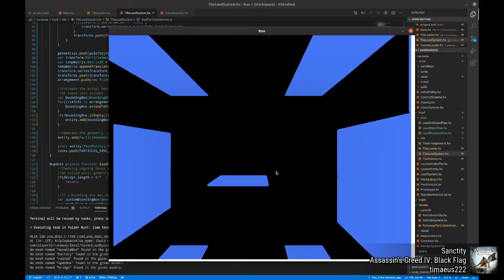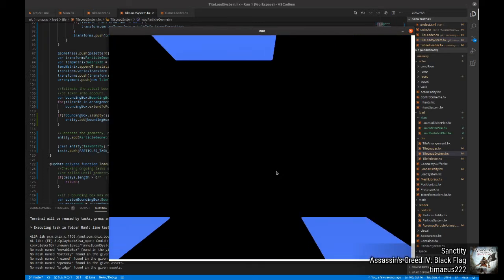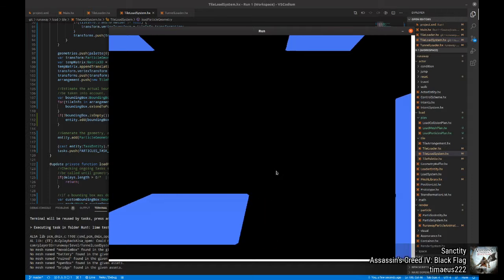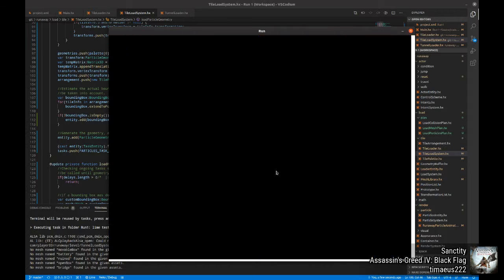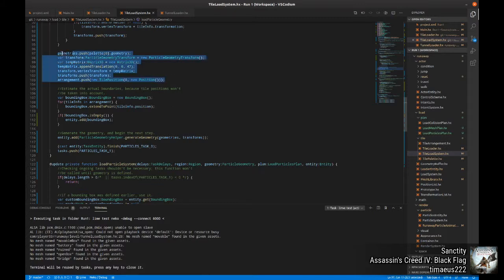But, well, A, we don't want to have to display this extra tile in the middle, and B, it's not quite getting everything. It shouldn't have disappeared there, so we're going to add a couple of them.